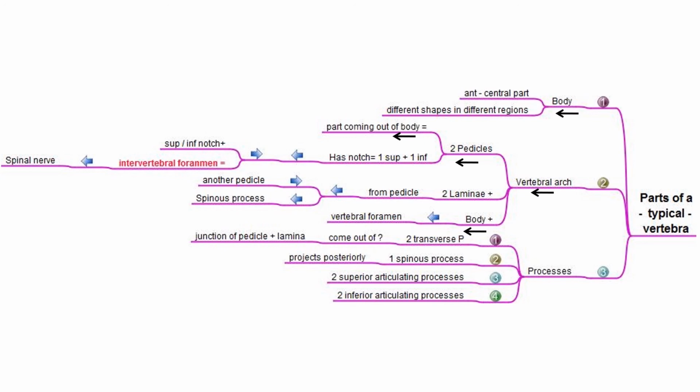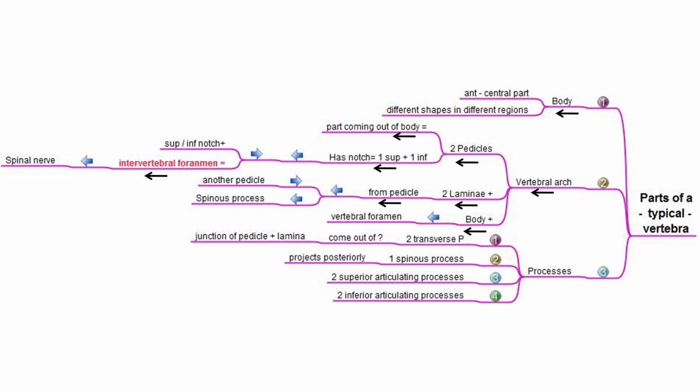The pedicle is a part coming out of the body, and it has a notch. One notch is superior and one notch is inferior. These two notches, when the vertebrae articulate, form the intervertebral foramen, through which the spinal nerve comes out.